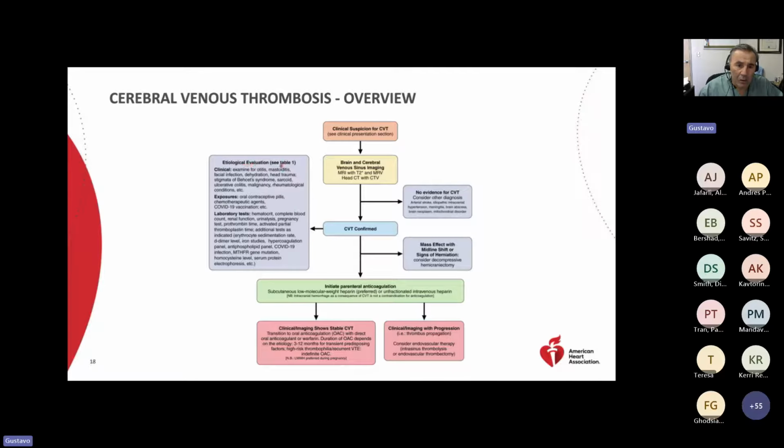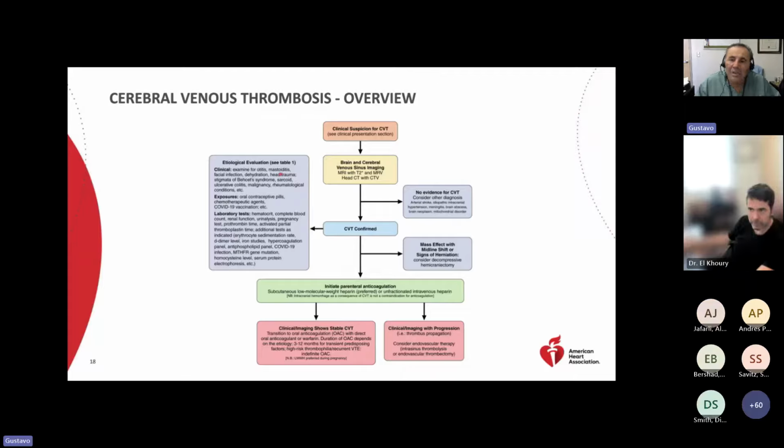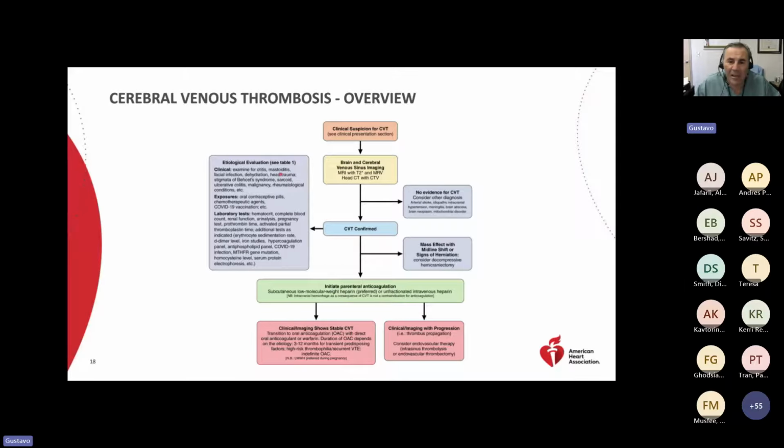Again, we also discussed the most common predisposing factors, which by far affect young women in reproductive age, usually associated with predisposing factors including oral contraceptives, pregnancy, etc. There are other factors that I would suggest you go through because the list is pretty long, and some are relatively commonly seen by internal medicine. For example, someone with an inflammatory condition such as inflammatory bowel disease may be predisposed to cerebral venous thrombosis.